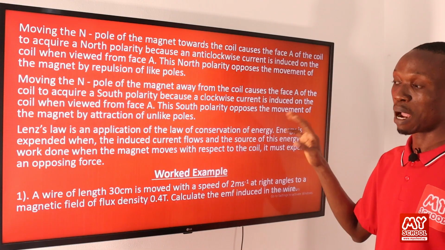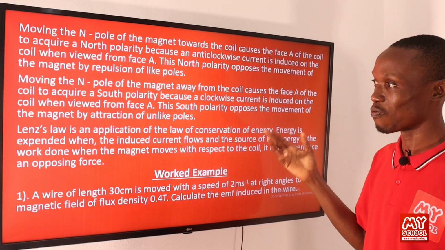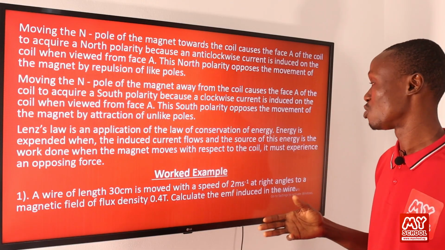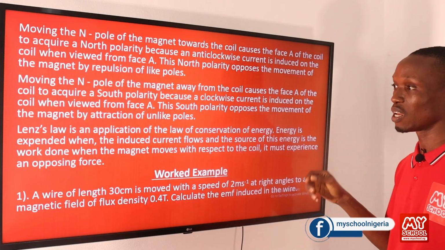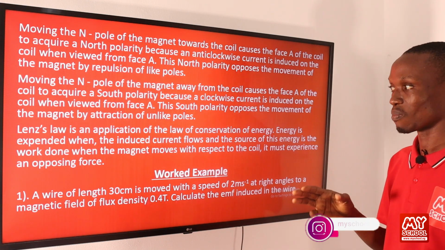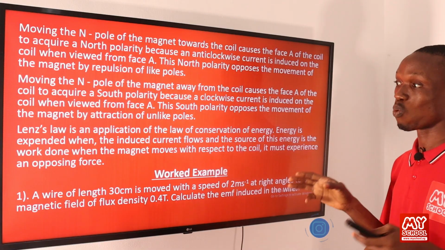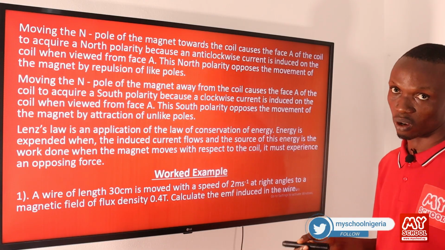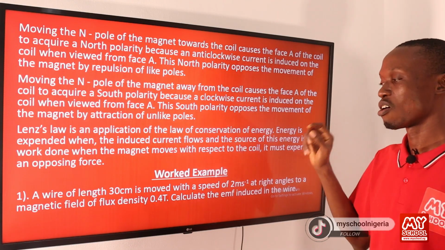So you might be asked to explain why Lenz's law is an application of the law of conservation of energy. So you tell them that Lenz's law is an application of the law of conservation of energy because when energy is expended, the induced current flows, and the source of this energy is the work done when the magnet moves with respect to the coil, and it must experience an opposing force.